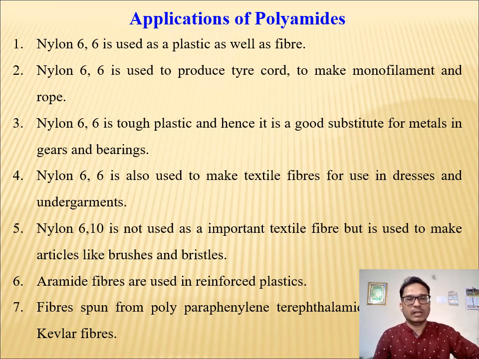Nylon 6 is not used as an important textile fiber, but is used to make articles like brushes and bristles. The aromatic fibers are used in reinforced plastics, and they have some other more important applications.